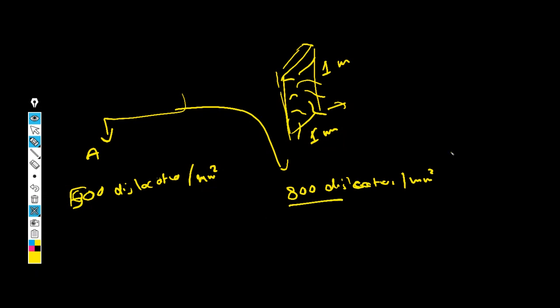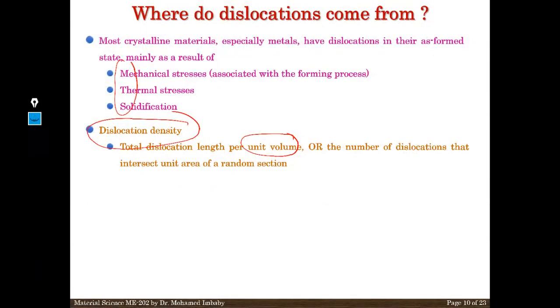That is why I can say B has more dislocation than A. Is that clear? You get the point? Okay, so the dislocation density, we can calculate it in two ways: either the total length of the dislocations per unit volume, or the number of dislocations that intercept the area of a random section.